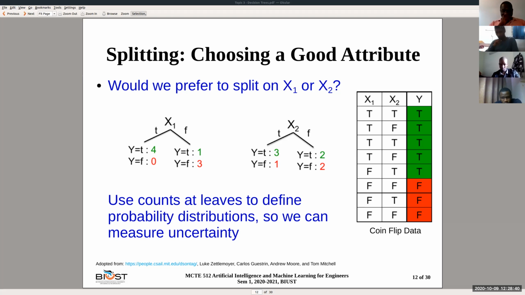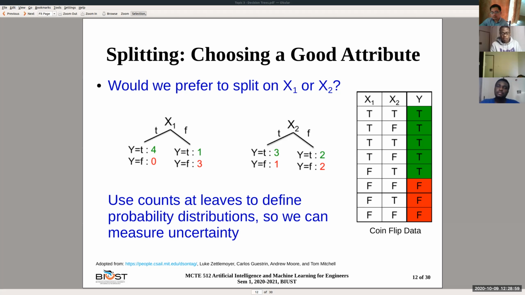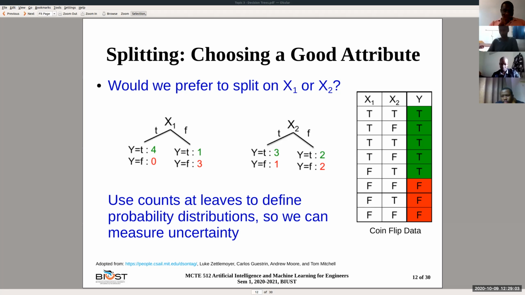You toss two coins and then the result is like this. Sometimes they're redundant, sometimes they're inconsistent. If you look at how random x1 was, every time it was tossed, the result was true.